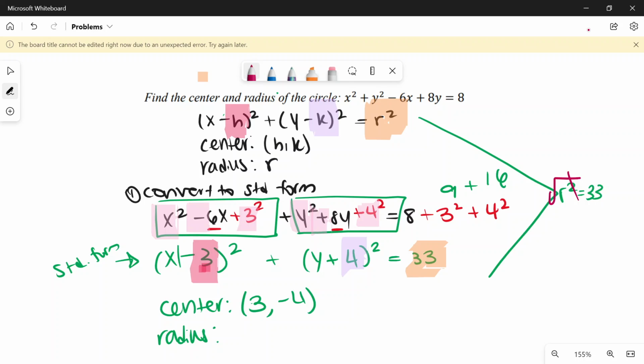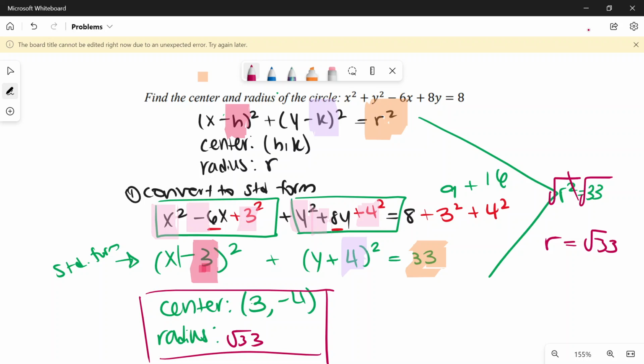A square and a square root are inverse operations of each other, so these cancel out and you're just left with r. Whatever you do to one side, you do to the other side. So you take the square root of 33 on this side, and you're left with r is equal to the square root of 33. And these are your center and your radius of this circle right here.